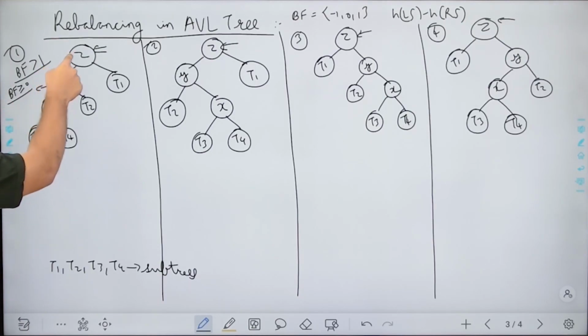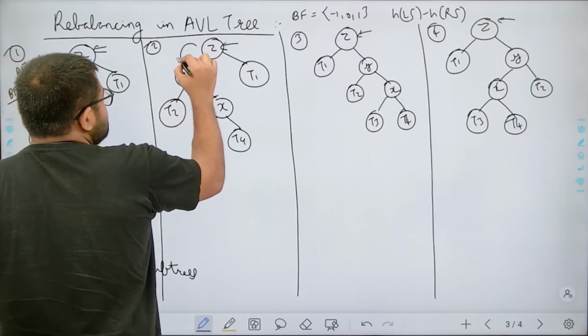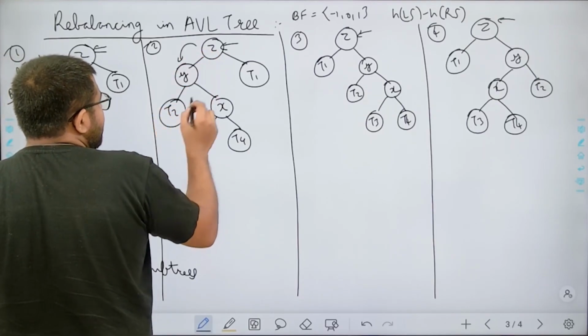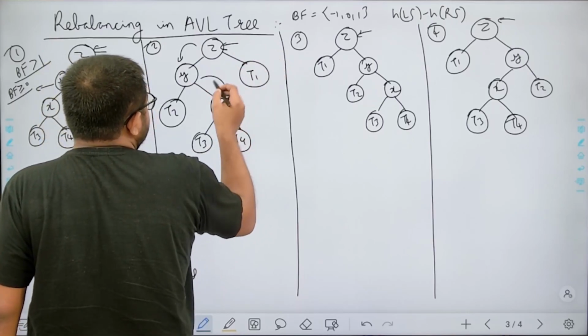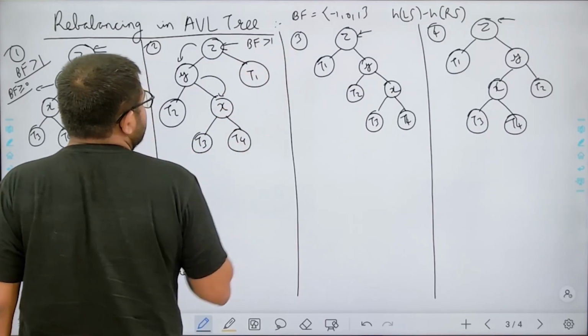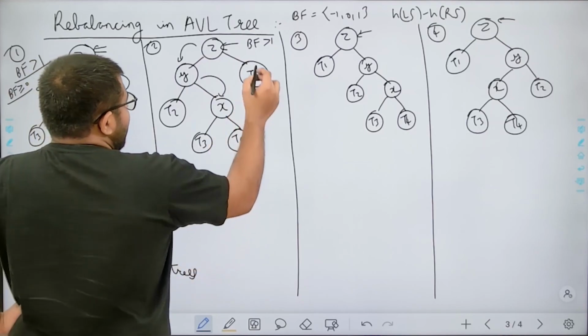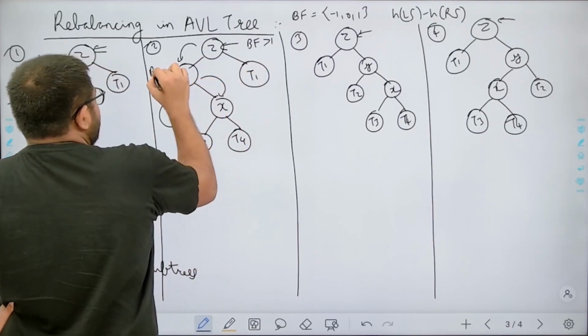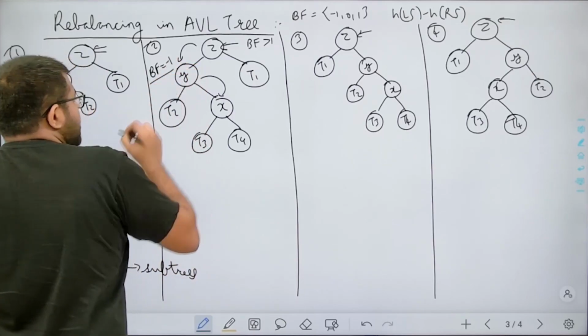So here y was on the left hand side of z, and x is also on the left hand side when the balancing factor is greater than or equal to 0. Now if y is on the left hand side of z and x is on the right hand side of y, this will be the case when the balancing factor for z is definitely greater than 1 because the height of the left subtree is more than the right subtree, and the balancing factor for y will definitely be -1.